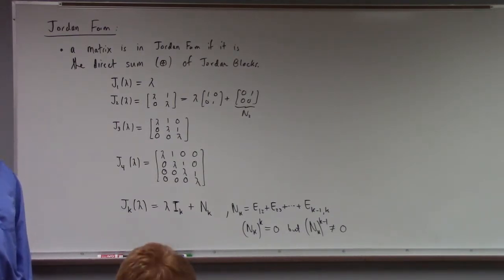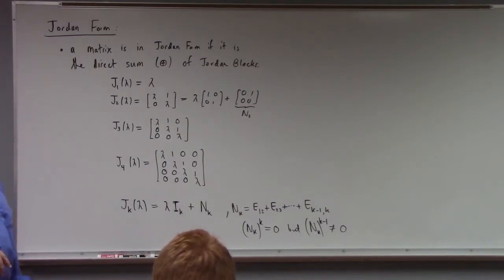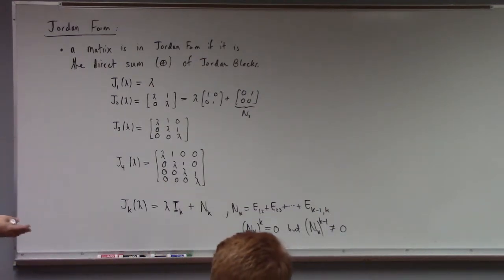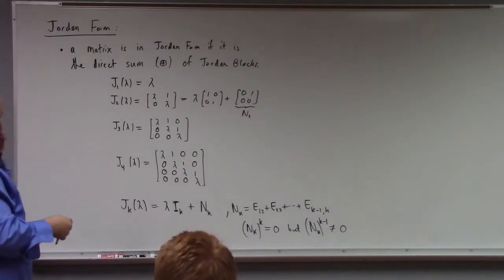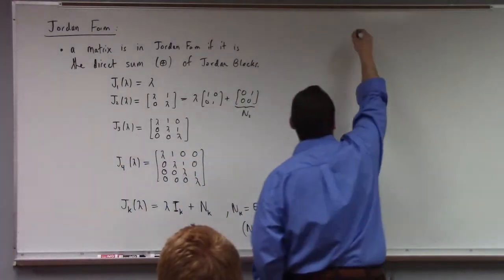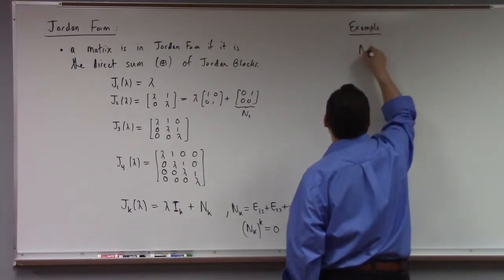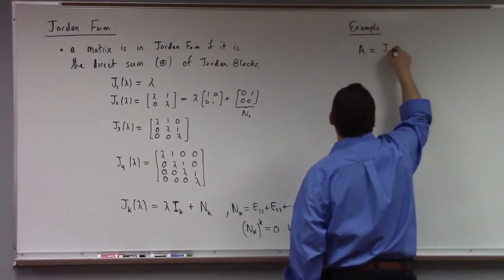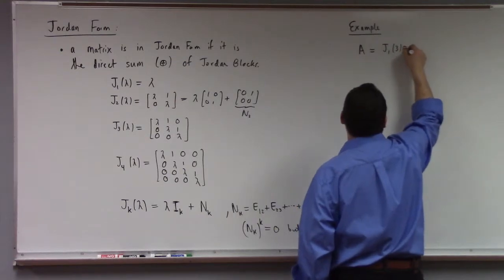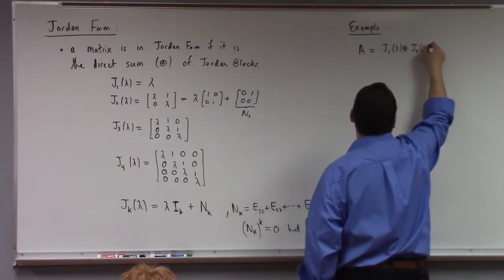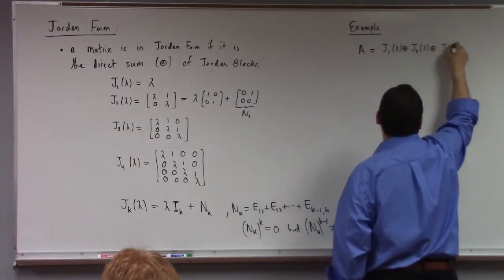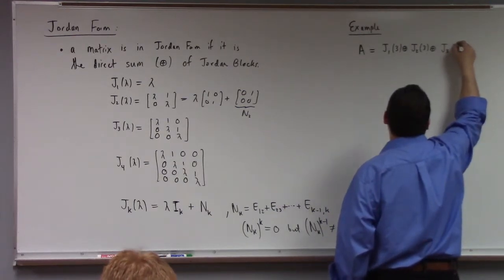So Jordan form is a direct sum of these things. What does direct sum mean? We could have A equal to J1,3 direct sum J2,3 direct sum J3,4.